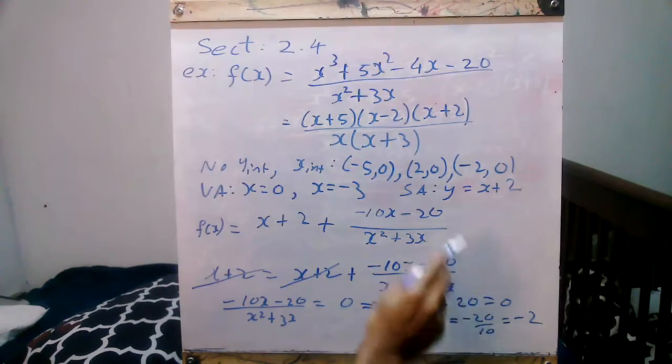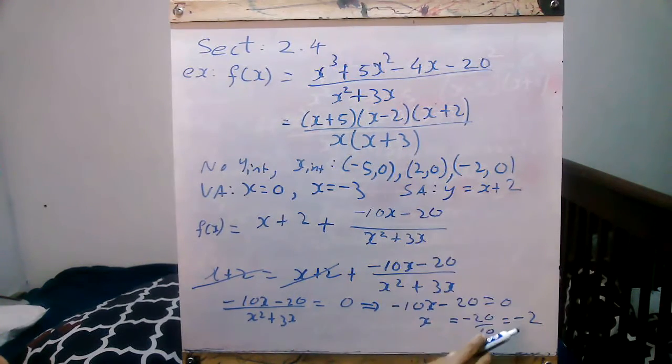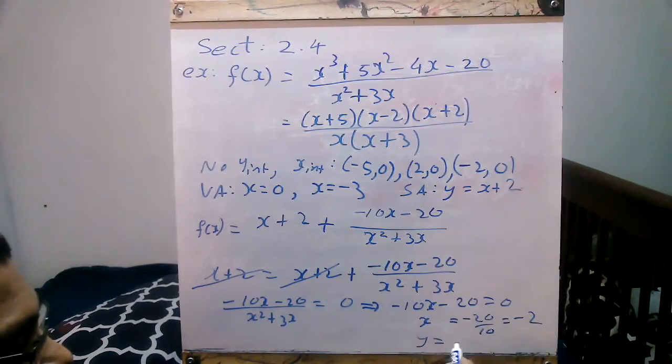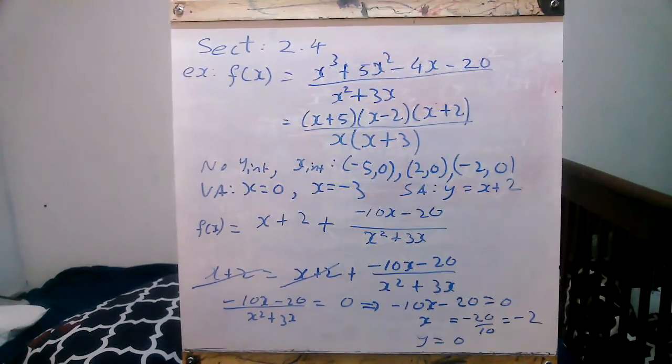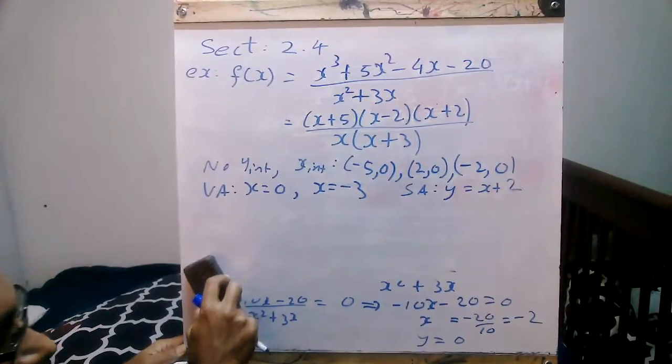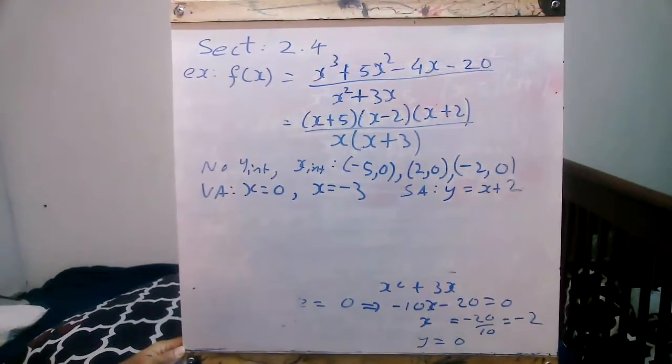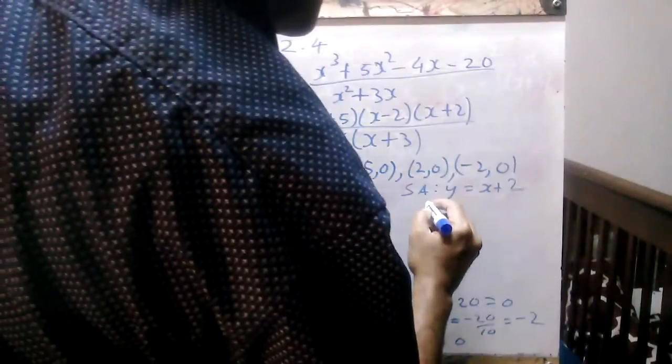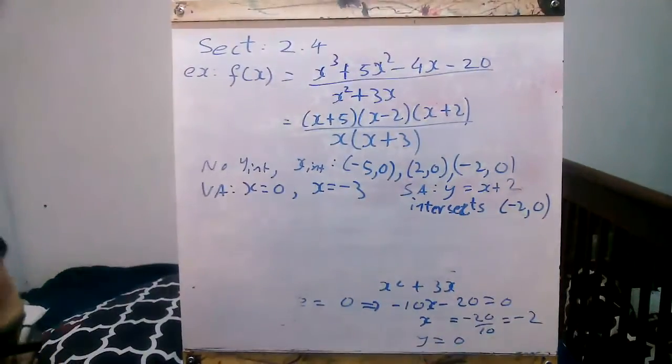Easily we can substitute this in the slanted asymptote: when x equals negative 2, we get y equals negative 2 plus 2, so y equals 0. I'm going to note that down too. x equals negative 2, y equals 0, intersects at negative 2, 0. Alright, this is the point negative 2, 0.